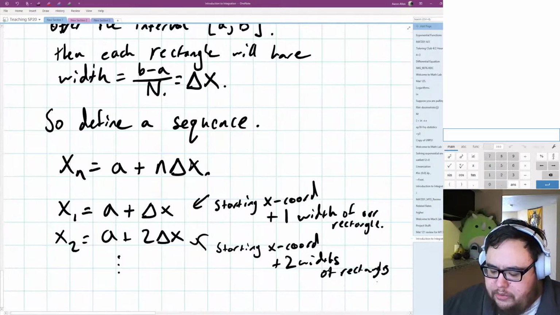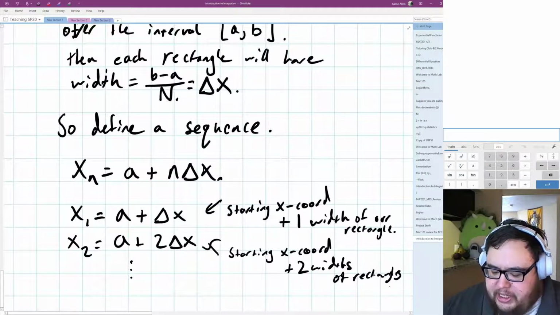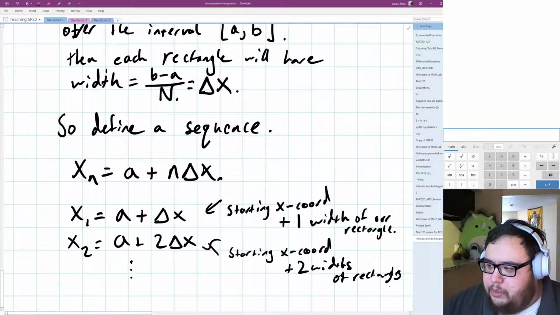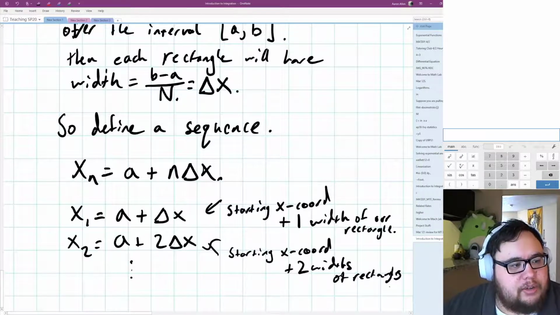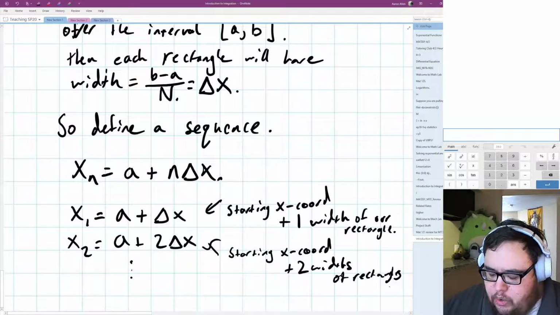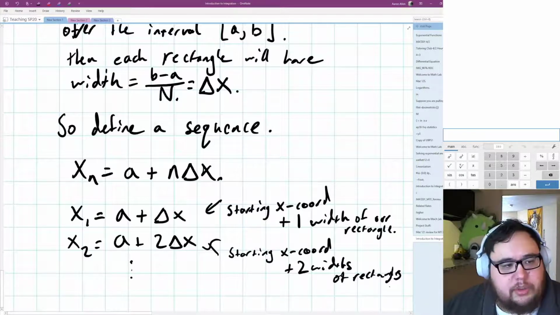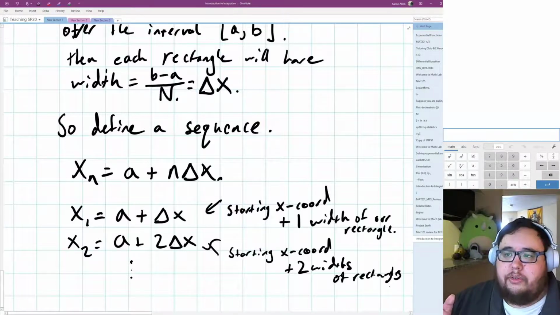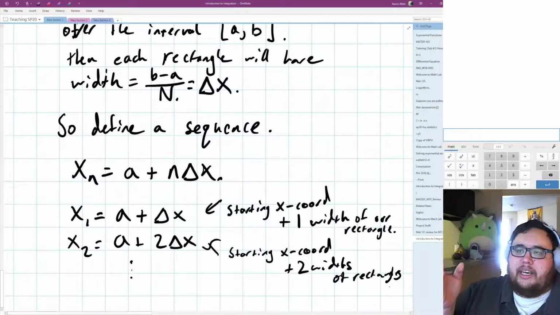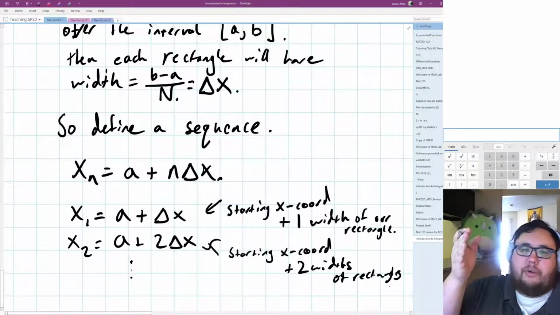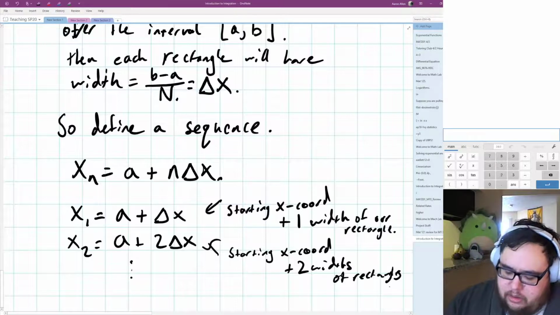So the reason why we're defining this in a sort of weird way is because now we have a really nice equation for the area of each one of these rectangles, right? We know the right-hand side of the rectangle is going to hit the curve, so the height of the rectangle is just going to be the value of the function at that point.